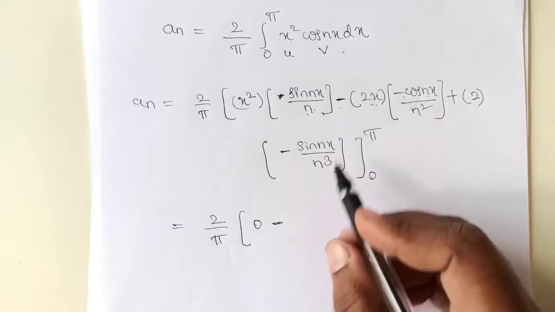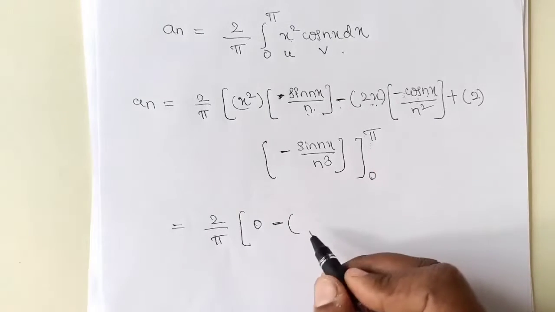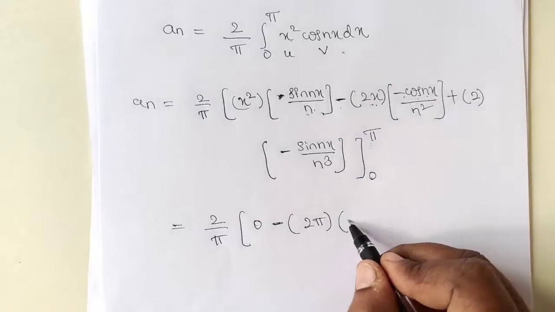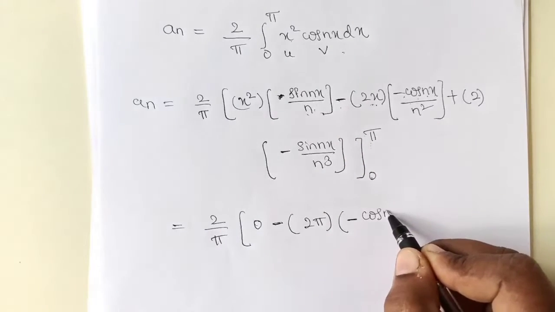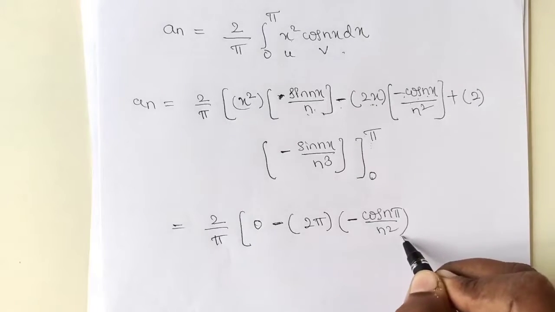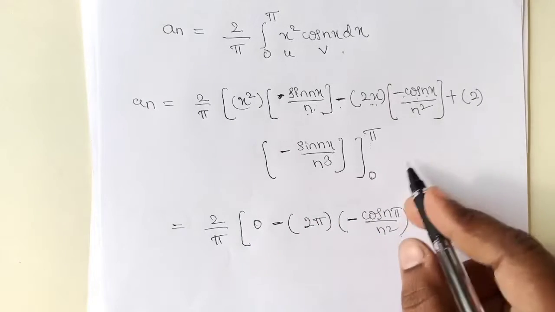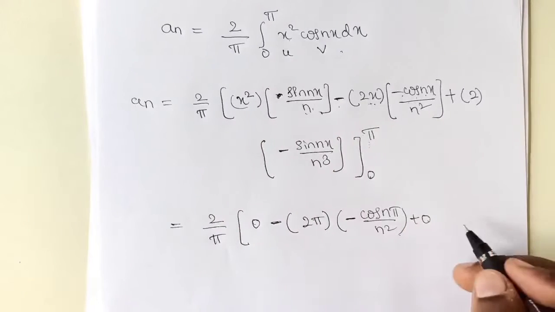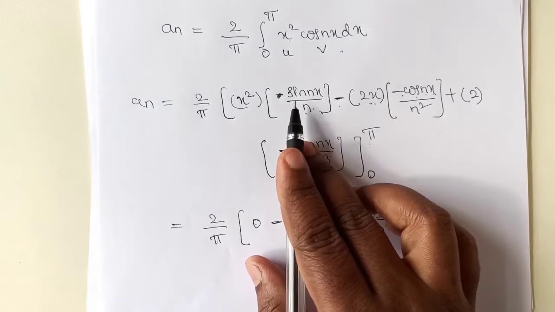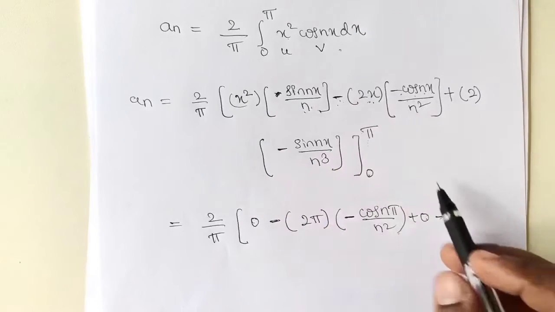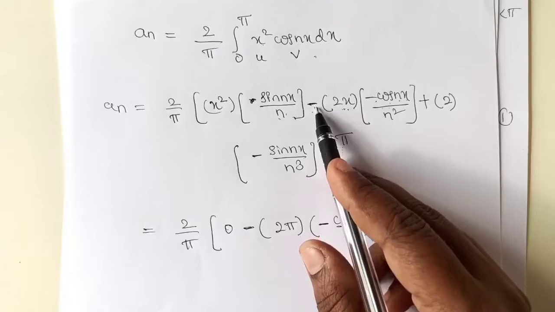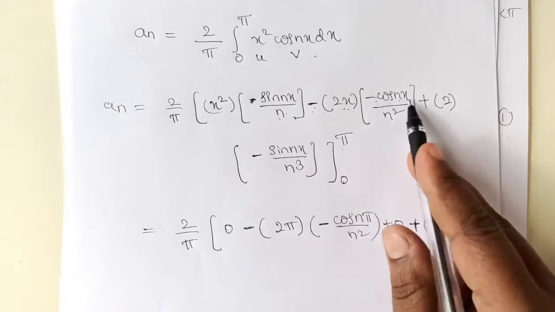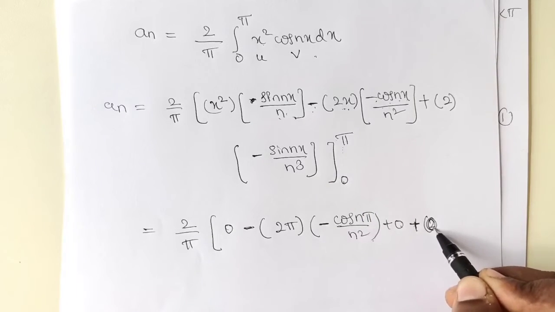This is the cos term, therefore on adding the upper limit we get 2 pi minus cos of n pi divided by n square. Next plus again we get 0. Now minus the lower limit, sin of 0 equals 0, minus into minus plus, we get 2 into 0 equals 0, therefore the term becomes totally 0.